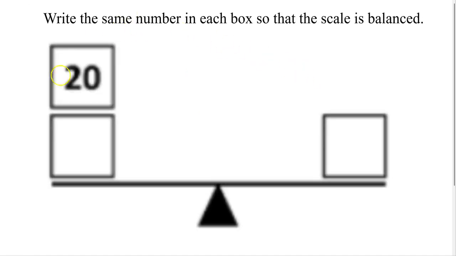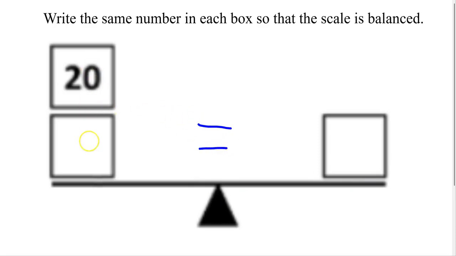All right, let's take a look at this scale. On one side we have 20, we have a variable, and we have a variable on the other. So we're trying to figure out what number we could put in this box that's the same as this box that would keep the scale balanced.